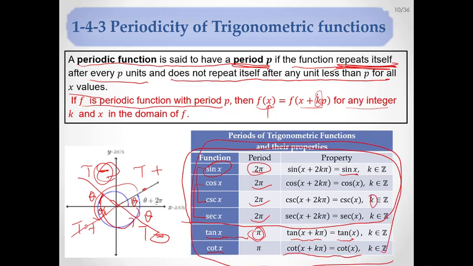This k means you can add every integer multiple of the period, and adding every integer multiple of the period will bring the function to the same value as at x.